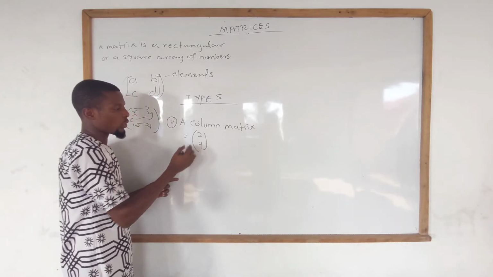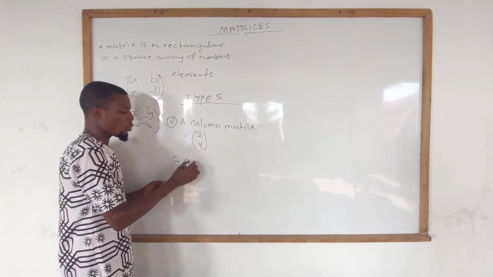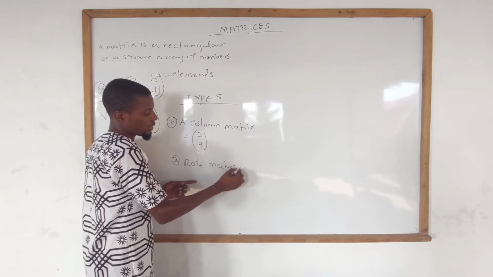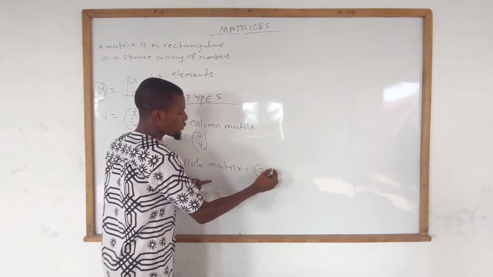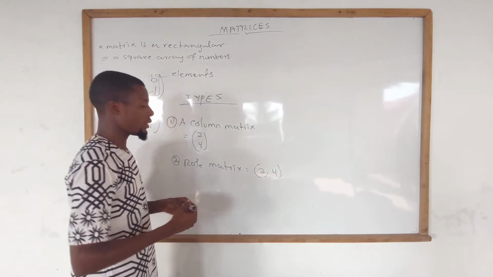And since we have a column matrix, you will expect that we will have what we call a row matrix. A row matrix is a matrix that is written in a row, like I have 2 and then 4. This is a row matrix. Are you okay?